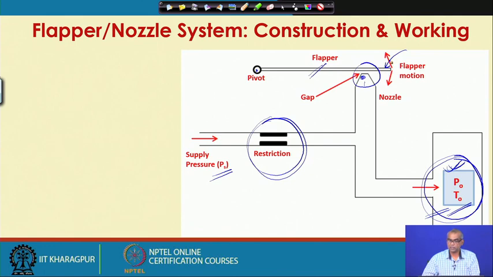With the motion of the object, the flapper will move, and the movement of the flapper will determine the gap between the nozzle and the flapper, and that gap will decide the pressure here. So, by measuring the pressure, it is possible to measure the distance between the flapper and nozzle, which in turn will give me an indication of the motion or displacement of the object.